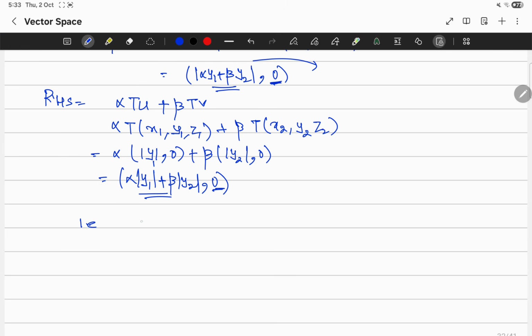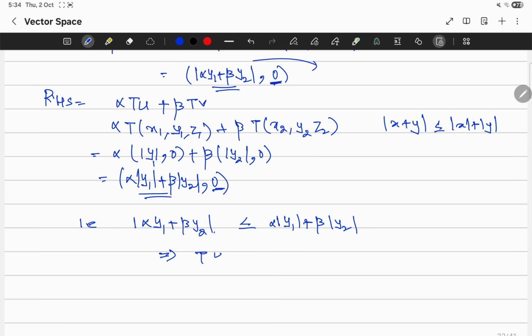That means modulus of alpha y1 plus beta y2 is your first coordinate, and alpha modulus of y1 plus beta modulus of y2 is your second coordinate. You know that the modulus of x plus y is less than or equal to mod of x plus mod of y, so it is not in general equal, which means that T is not in general a linear transformation.